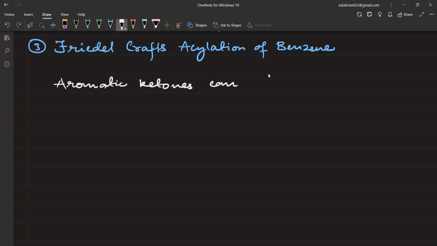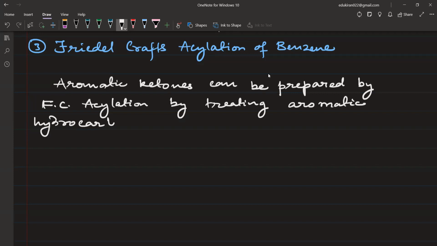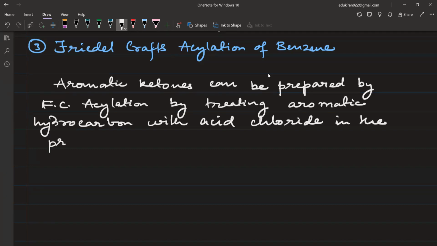Aromatic ketones can be prepared by Friedel-Crafts acylation by treating aromatic hydrocarbon with acid chloride in the presence of anhydrous AlCl3.